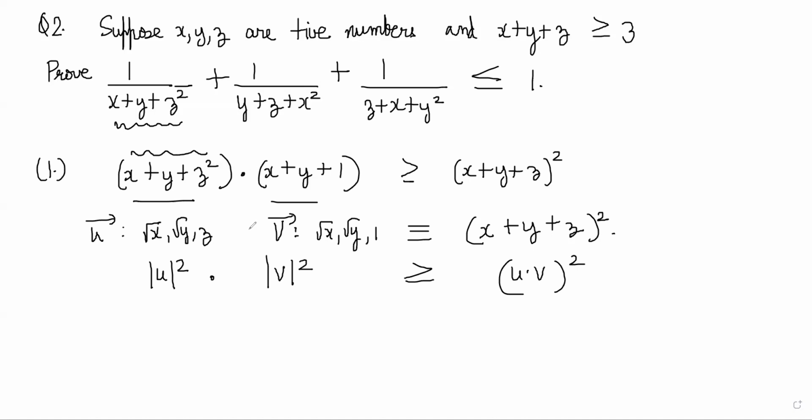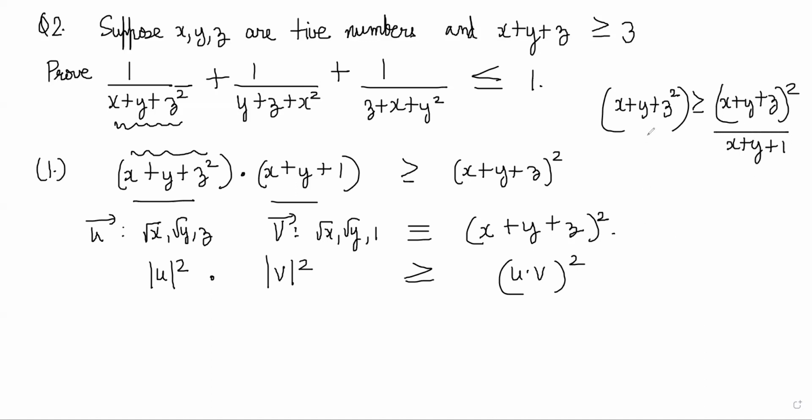So we will get basically x plus y plus z square is greater than or equal to x plus y plus z whole square by x plus y plus 1. And we can take the reciprocal, and by reciprocals we'll get 1 by x plus y plus z square is less than or equal to x plus y plus 1 by x plus y plus z whole square, right?